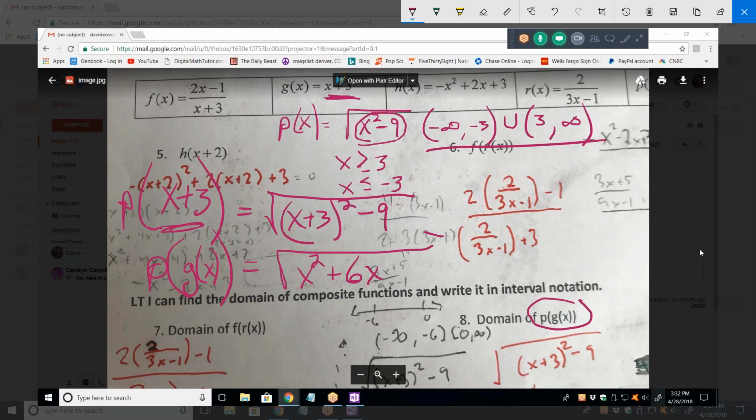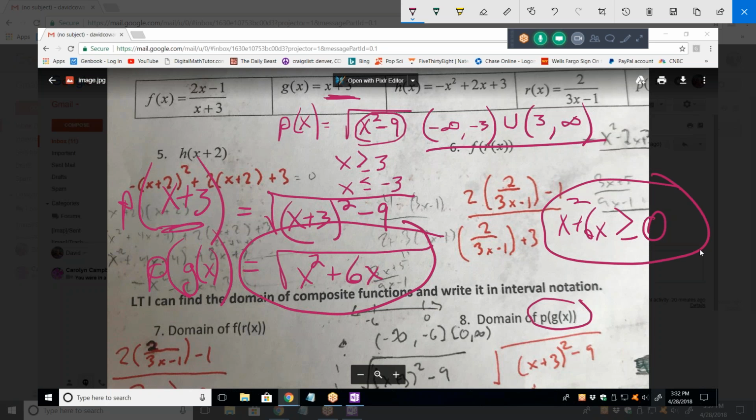Now, what restriction exists there? How do I solve for it? Don't you set that greater than or equal to 0? Over here on the right, that's how I'm going to solve for it. Now, that's actually not trivial to solve.